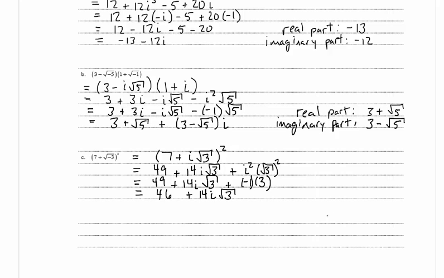And our real part is 46, and our imaginary part is 14 times the square root of 3. And that's our video on operations with complex numbers.